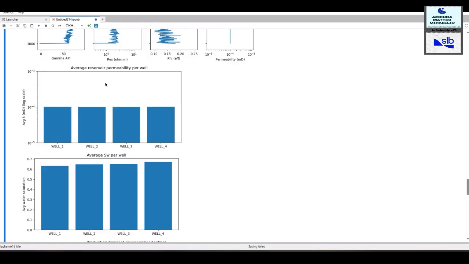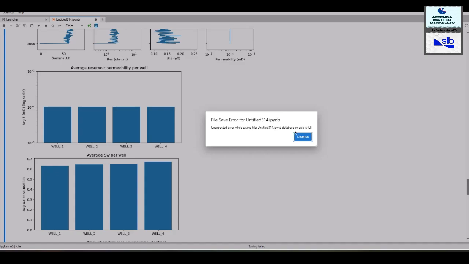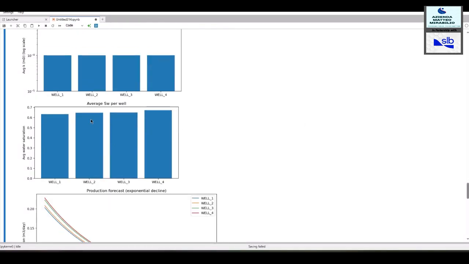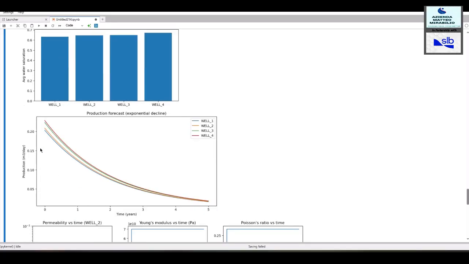So we have the average reservoir permeabilities by well. We are plotting the average reservoir permeabilities by well, and you have disclosed this data. We have also the average water saturation by the single wells in this case, and we have a production forecast with exponential decline for the single wells, the first well, the second well and the third well.